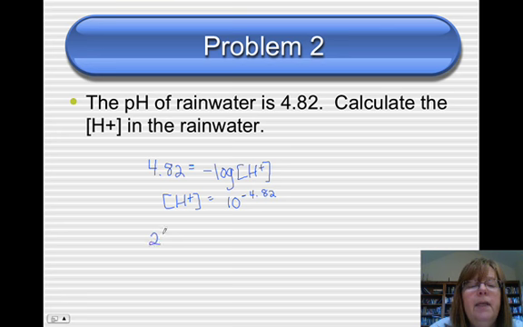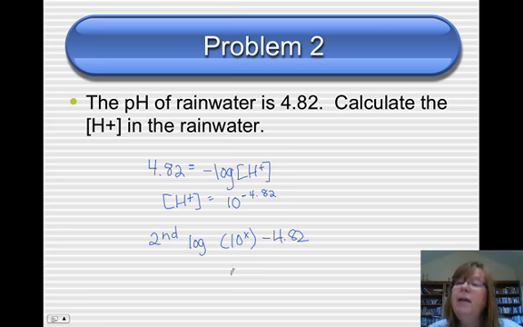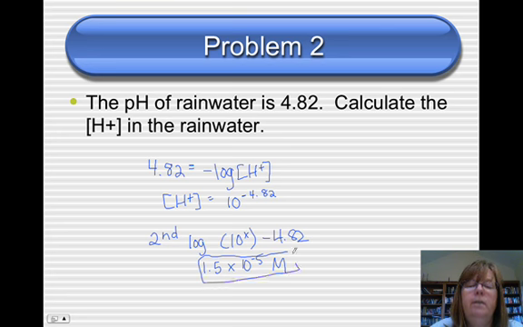So I'm going to hit second, because it's a second function on my calculator, log, and that's going to make it a 10 to the x button. And then I'll type in negative 4.82. And when I do that, the answer I get is 1.5 times 10 to the negative fifth, and that would be molar.